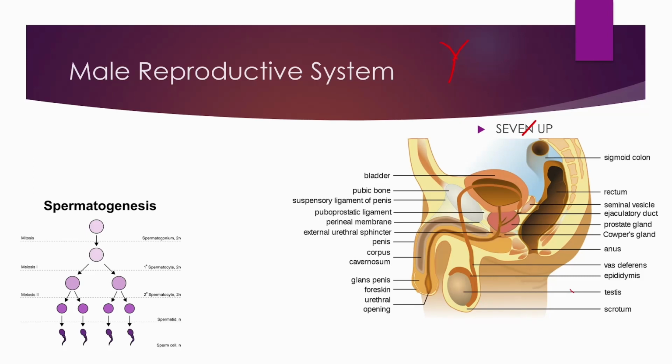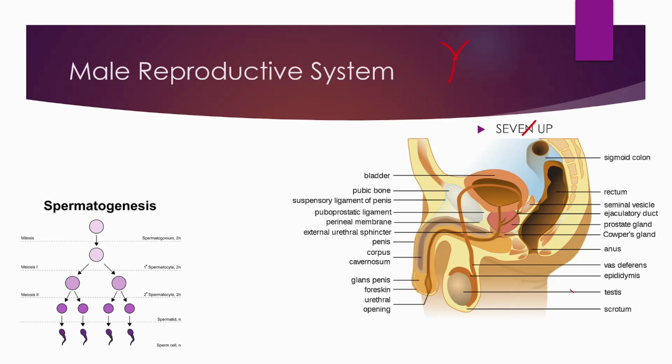The first meiotic division will result in haploid secondary spermatocytes, which then undergo meiosis 2 to generate haploid spermatids. Finally, the spermatids undergo maturation to become mature spermatozoa. Spermatogenesis results in 4 functional sperm for each spermatogonium.